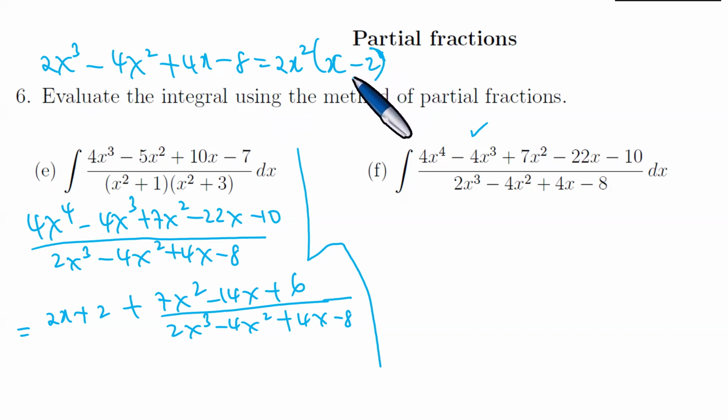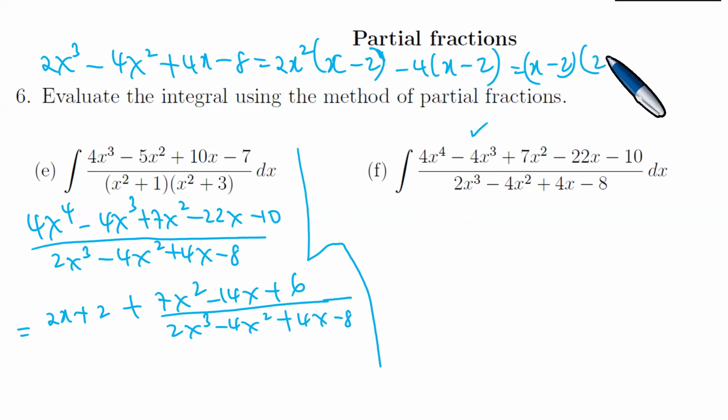Take out 2x squared, so you have minus 4 here, which is x minus 2. X minus 2 is a common factor. Pulling out x minus 2 would leave us with 2x squared minus 4. And then you have the x minus 2.